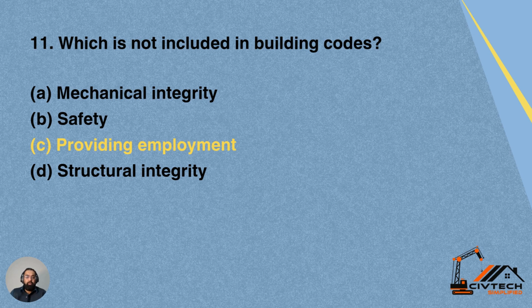So providing or generating employment does not come under the building code. Mechanical integrity of the structure comes under the building code. Safety comes under the building code, and structural integrity or strength also comes under the building code. But providing employment is not under the building code.